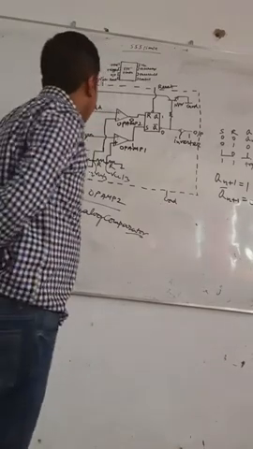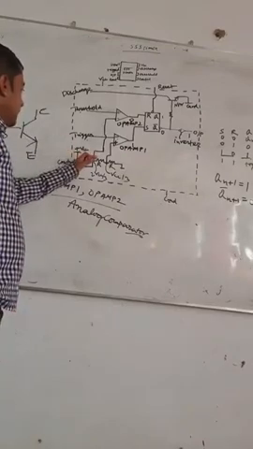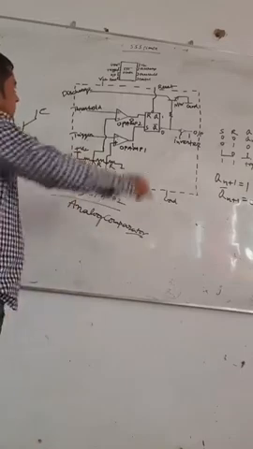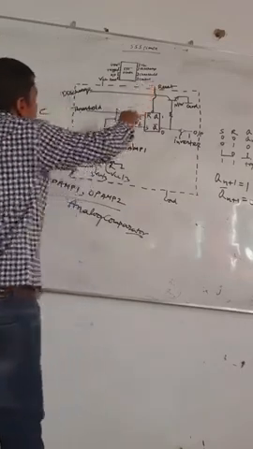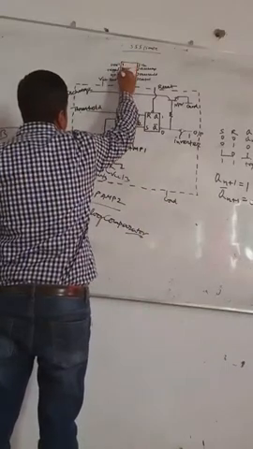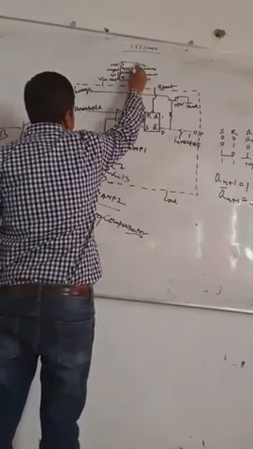If the threshold voltage is below 2 VCC by 3, now the control voltage has reached 2 VCC by 3. Remember, this is the control terminal, terminal number 5, if you number them 1, 2, 3, 4, 5, 6, 7, 8.